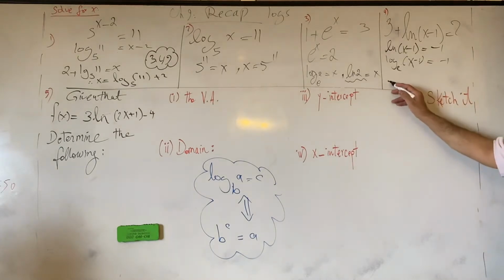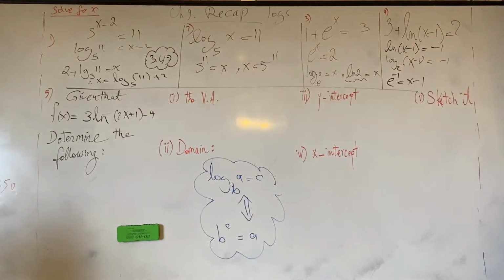This is the base e to the power minus 1 equals x minus 1. Take the 1 over there. So what happens? x equals e to the minus 1 plus 1. I can go with the calculator, I can leave it that way. It doesn't matter because shift ln, negative 1, that one plus 1. And the answer is 1.37.